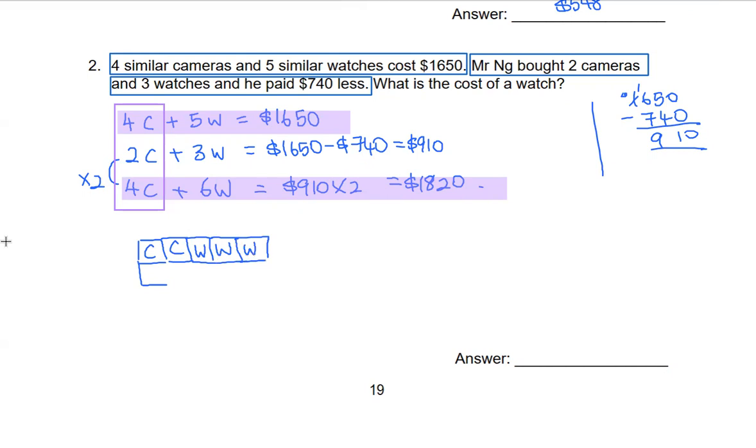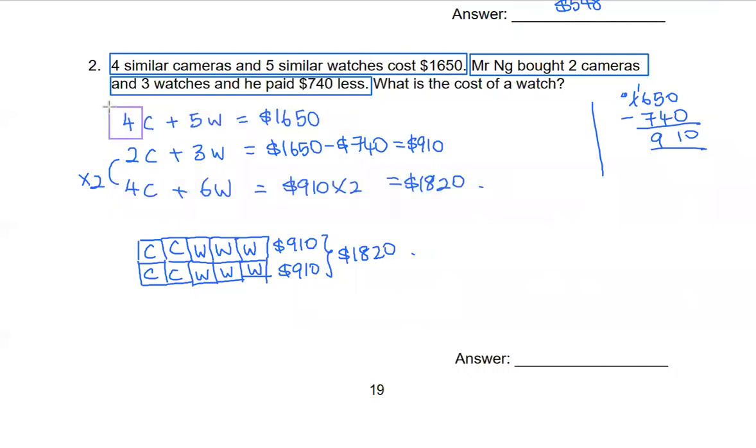If 2 cameras and 3 watches is 910, then another set of 2 cameras and 3 watches is going to cost me another 910. Together, 4 cameras and 6 watches is going to cost me 1820. Let me just clear this screen.